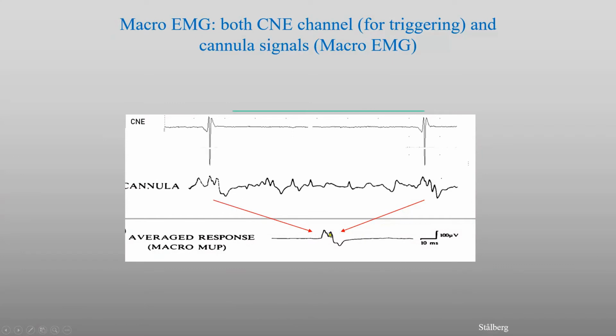So this one will be added to this one and to some 100 discharges, and we will finally get a very clean representation from one motor unit, and the others will disappear because they change in shape for each discharge. And this is the macro EMG signal, and we measure the peak-to-peak amplitude and also the area under the signal.